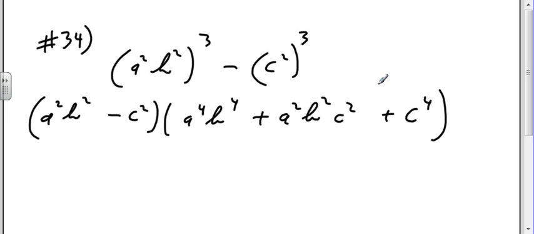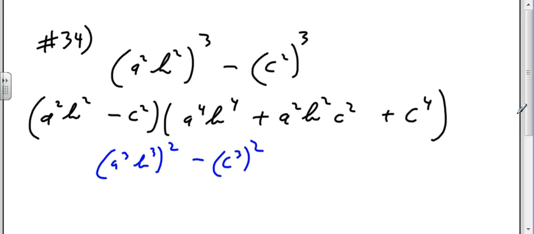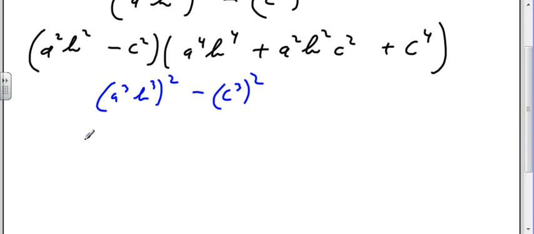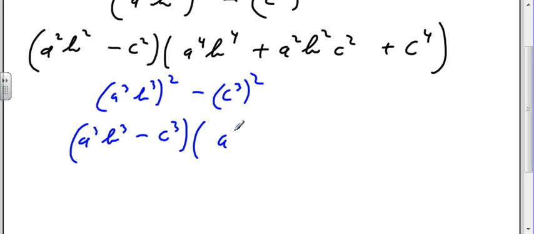I could do that. Or I could say it's really the difference of two squares, (a cubed b cubed) squared minus (c cubed) squared, and then I could factor it as (a cubed b cubed minus c cubed)(a cubed b cubed plus c cubed). And then I could go and factor both of those.